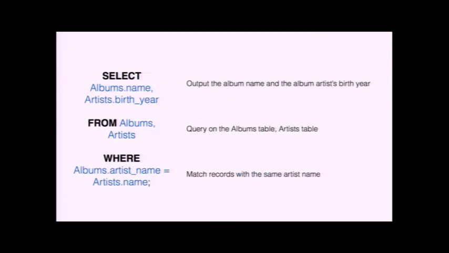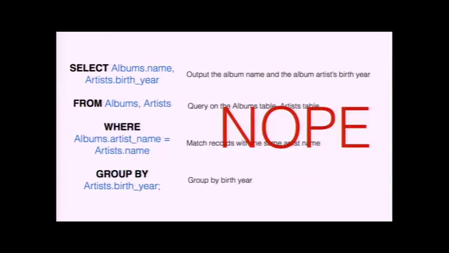As a review of an expression: select albums.name, birth year. You can select columns out of multiple tables, and then the from statement there, albums and artists, does an implicit inner join. And then the where statement is where your qualifier predicates are on what you want out of the expression.